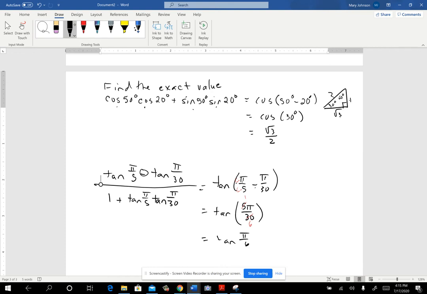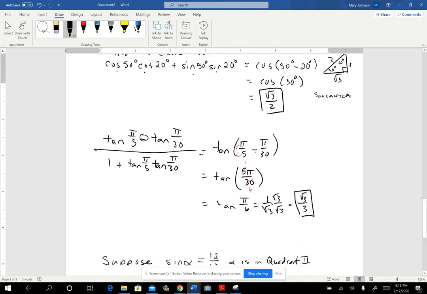Tangent is opposite over adjacent, so I'm thinking about SOHCAHTOA together with the special right triangles, or you can look at the unit circle if you needed to. So the tangent of pi over 6 would be 1 over the square root of 3. And if I rationalize that, it would be square root of 3 over 3. So these were two problems, kind of like what we did before. It's just we're going in reverse.